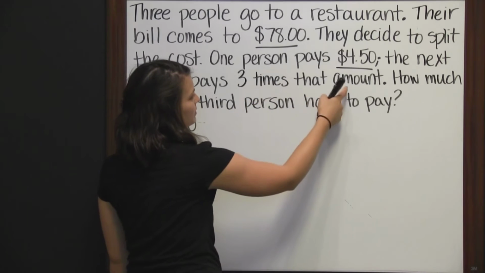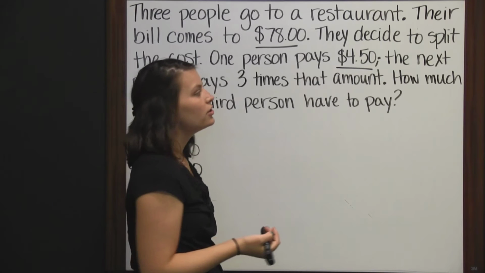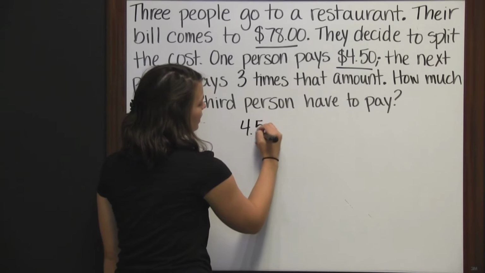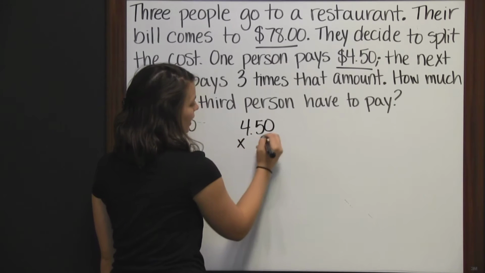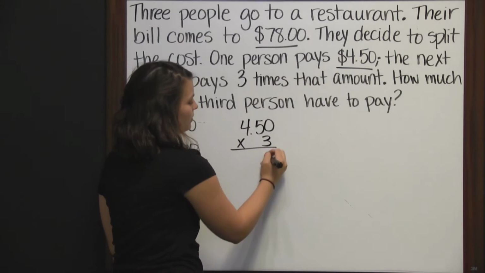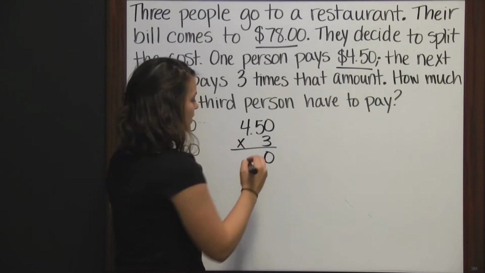3 times, and that amount being $4.50. So to figure out how much they paid, we take the $4.50 and multiply it times 3. 3 times 0 is 0. 3 times 5 is 15.